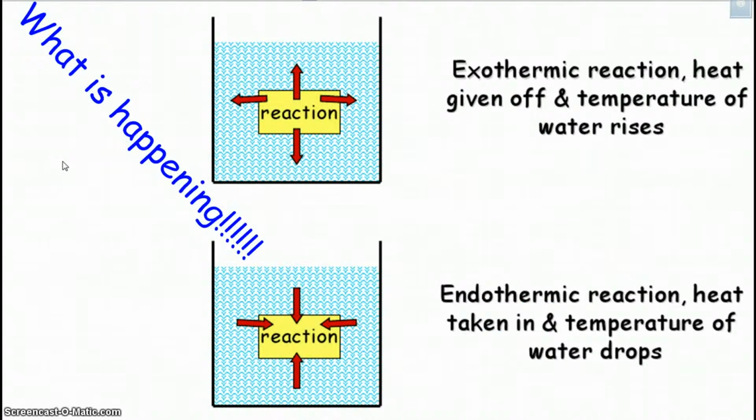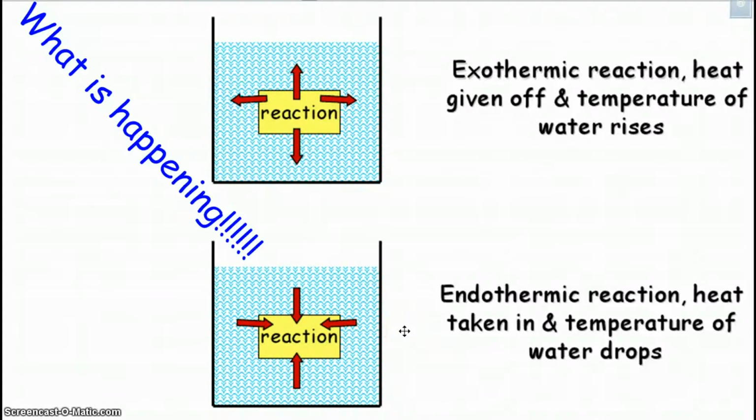What is happening? Okay, settle down. So in an exothermic reaction, heat is given off and the temperature of water rises. So if the reaction was placed into water, in an exothermic reaction, heat is given off, so the water surrounding that reaction is going to increase in temperature.